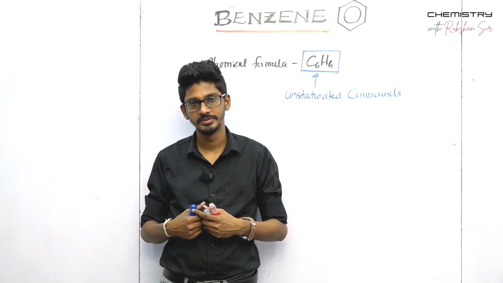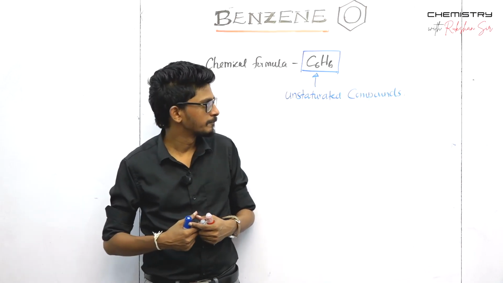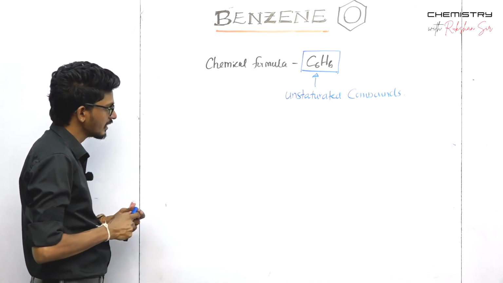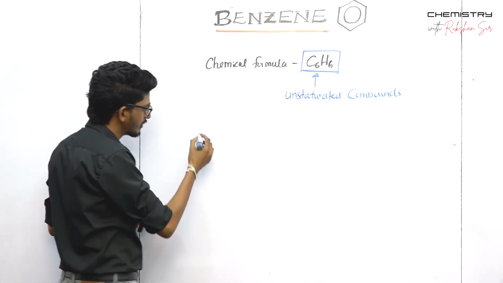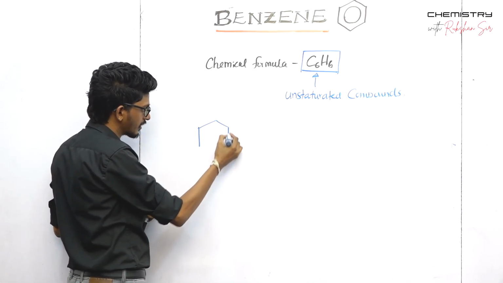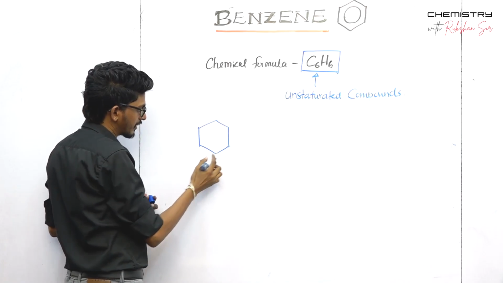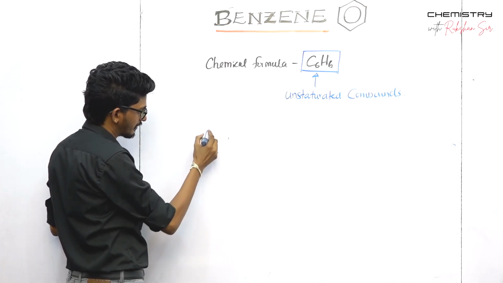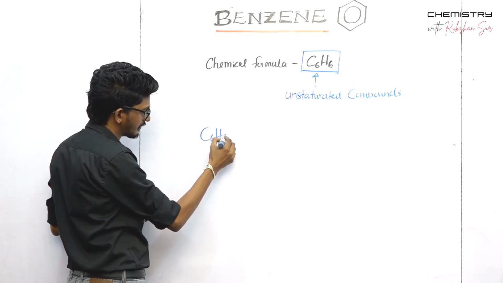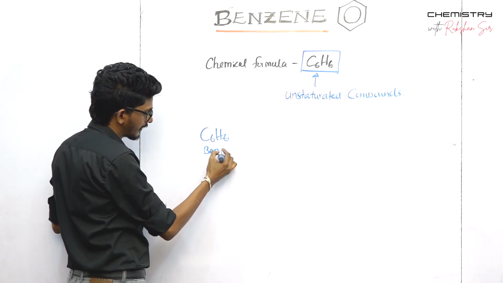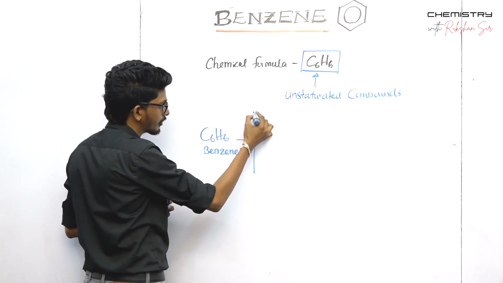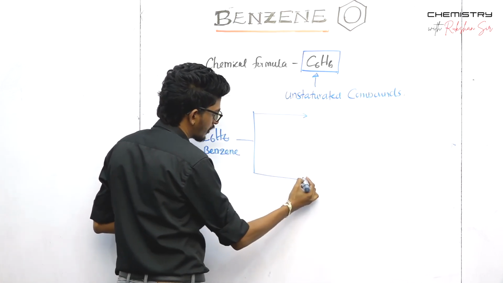When it comes to benzene, we expect it to react with those and give the expected results. But benzene, written as C6H6, even though it is unsaturated, won't give positive results for the test for unsaturation.